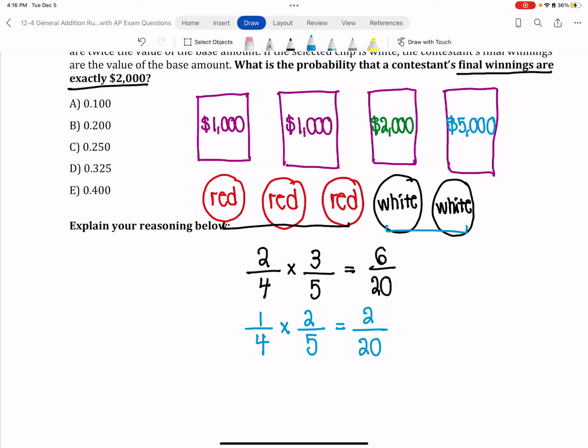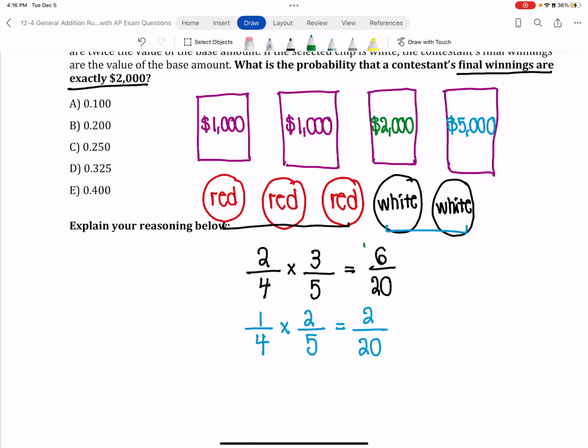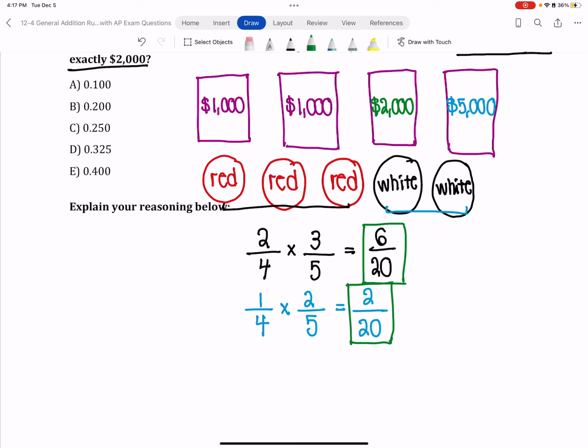And so you probably already guessed it. What we're going to do with these 2 fractions is that we're going to add them up. And when we add up 6/20 and 2/20, we end up with 8/20. And that gives us a decimal of 0.4, or choice E.